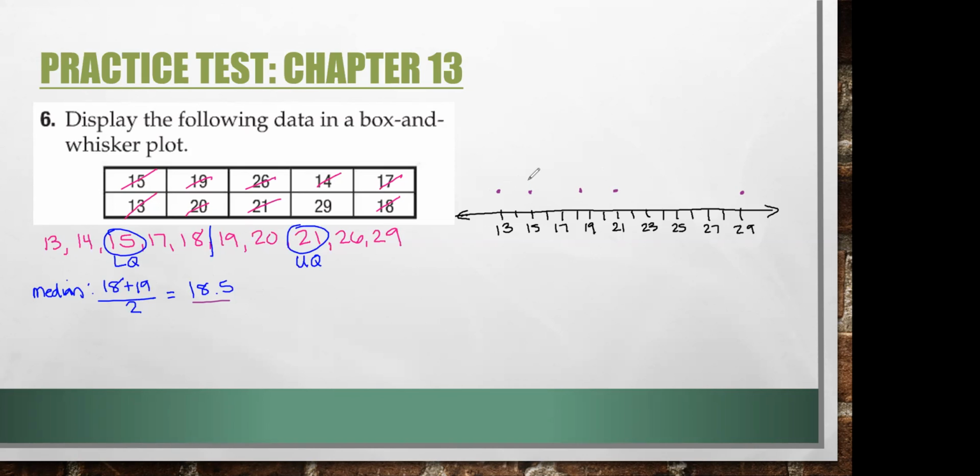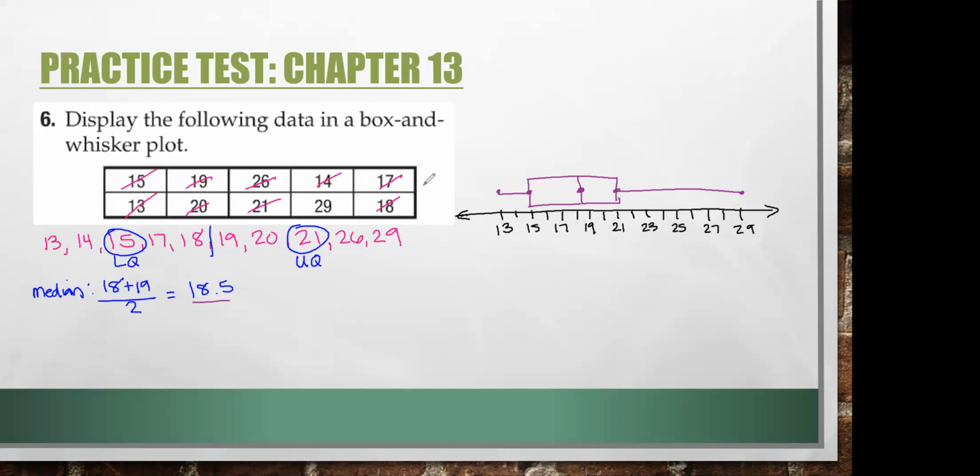So then I would put a box connecting my upper and lower quartiles, put a line through my median, and then I put my whiskers here, extending from the lowest to the highest value. Okay, so that is my box and whisker plot.